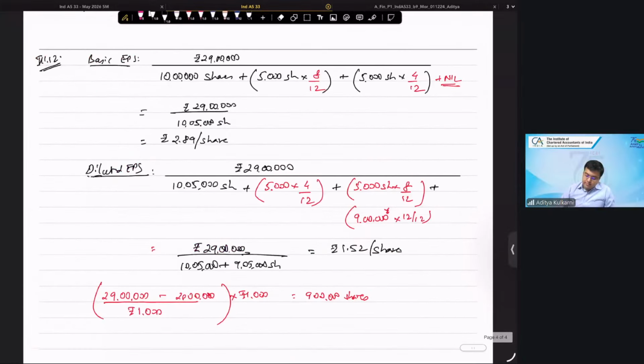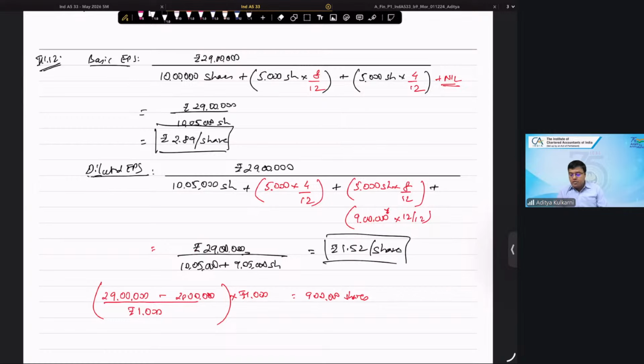Basic कितना था? 2.89. Is my diluted less than that? Answer is yes. Report the diluted number 1.52. Are we able to follow? Yes. Yes, sir. All right, fine.